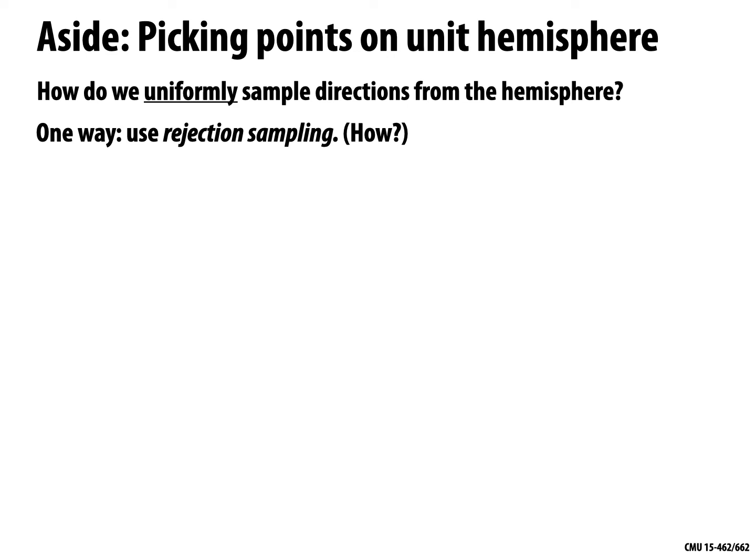Okay, well there I could do something just like I did for sampling the unit disk in the plane. I could pick uniformly points in the unit cube, just ask for 3 uniform random values between 0 and 1. Then check if that point has norm less than or equal to 1. If so, I keep it. If not, I throw it away.